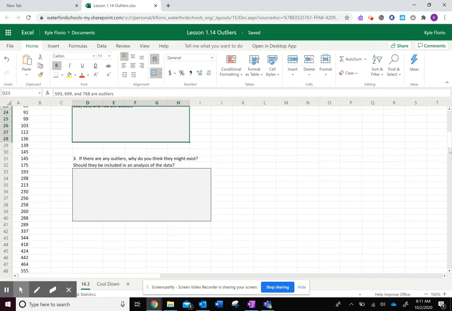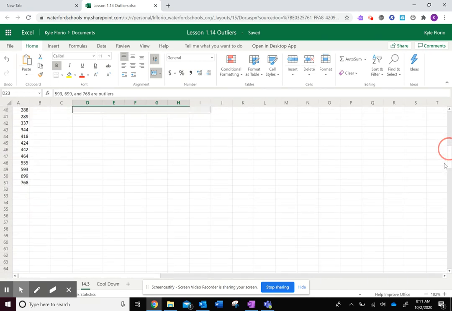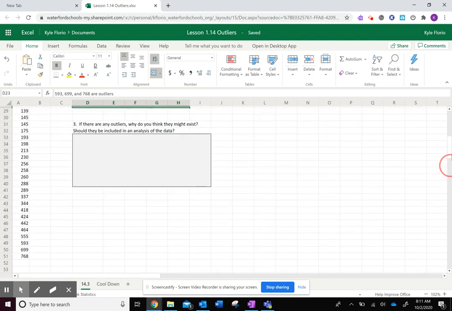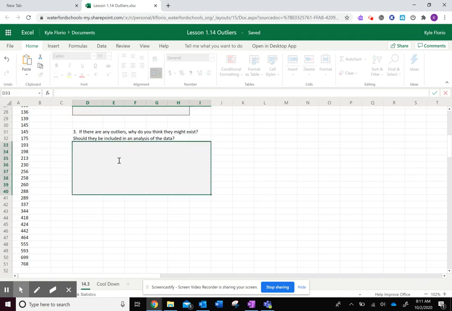Now, if there are any outliers, why do you think they might exist? Should they be included in the data analysis? So should we count those? Do you think there's something wrong here, or is there a reason why we're getting numbers like this? In statistics, you want to look at that. Why are these numbers occurring? My thought is there could just be colleges that are a lot bigger or located in an area that has more crime, and so colleges in bigger areas with more crime are going to have more thefts or more property crimes.